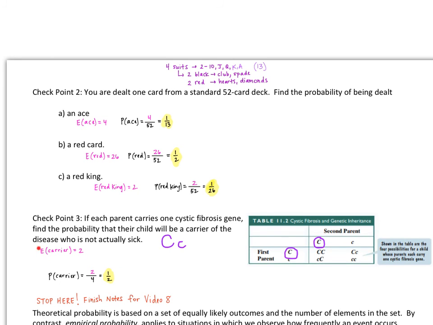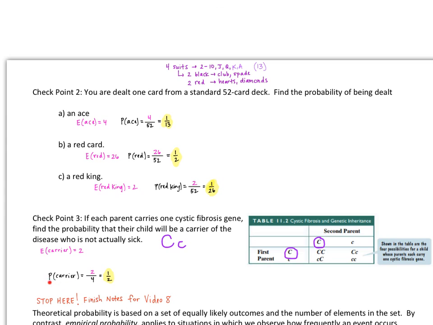So I want to know, what's the event of being a carrier? How many possible carriers do we have? Well, if we take a look at our chart, this child is a carrier and this child is a carrier. The 2 big C's mean that they have the disease, and the 2 little c's mean they are not carriers.